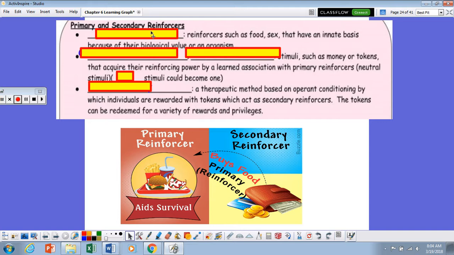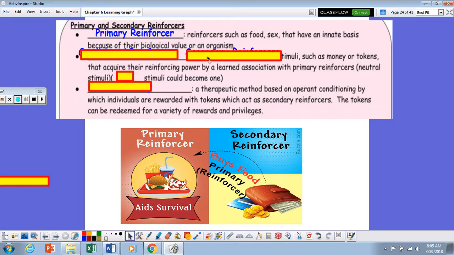Primary and secondary reinforcers. Okay, a primary reinforcer could be anything along the lines of food, sex. It could possibly be something that has an innate basis because of its biological value to the organism. Conditioned reinforcers, or AKA secondary reinforcers, sometimes get nicknamed as tokens.